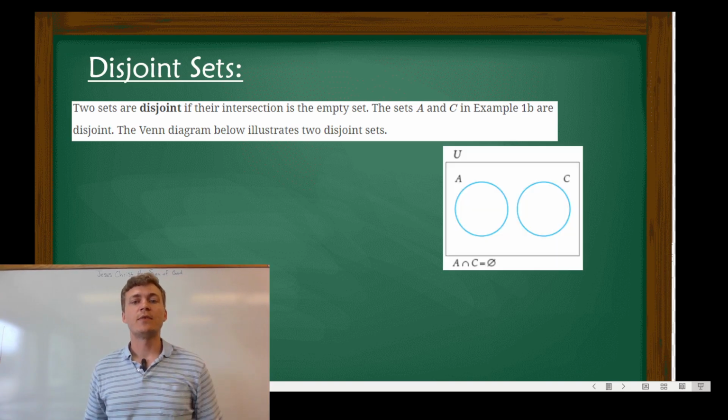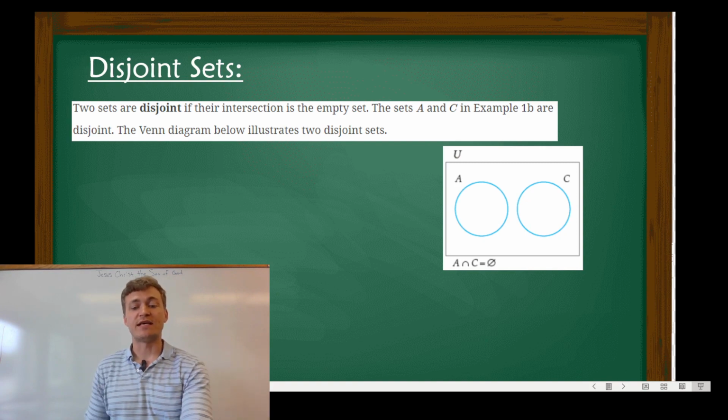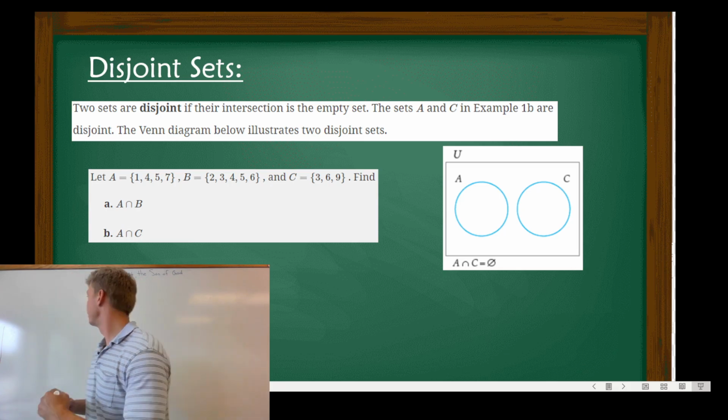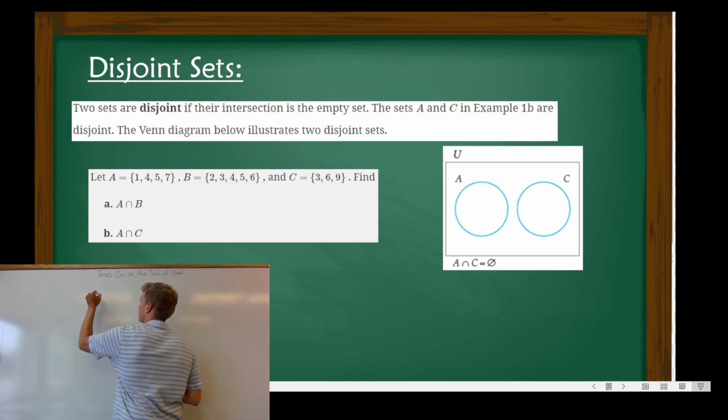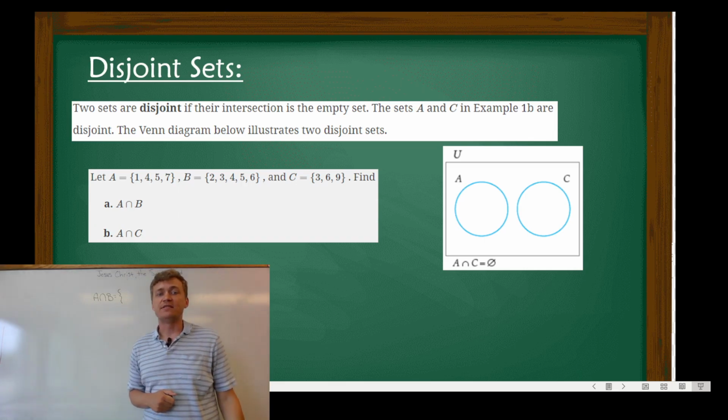In this case here, we can illustrate that using a Venn diagram where the two circles representing sets do not overlap, meaning that their intersection is the empty set. For example, we have the following sets A, B, and C. We want to find A intersect B. We want to find A intersect C. A contains 1, B does not.